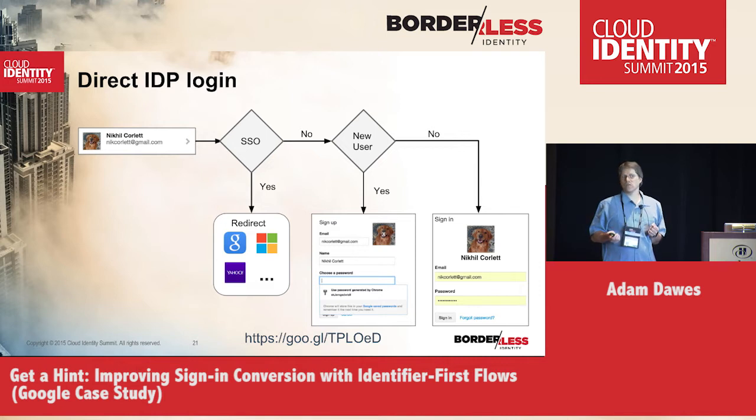So regardless of whether it's a new or existing user, if you can authenticate that user with an IDP, say because they have an @gmail.com or an @Yahoo account, you know who those IDPs are, and you can immediately redirect that user to that IDP, whether they're a new or an existing user.